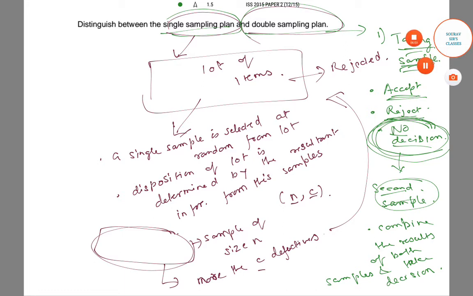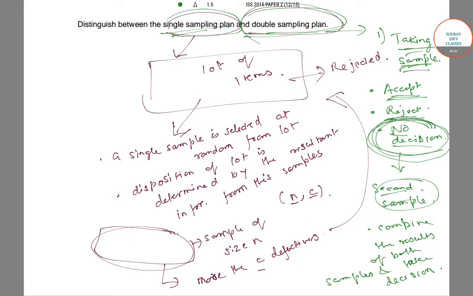So the basic difference between the single sampling and the double sampling plan is that in single sampling there is only one sample that is being taken, and whatever decision has to be made is based on that particular sample, whereas in double sampling plan we have two samples.